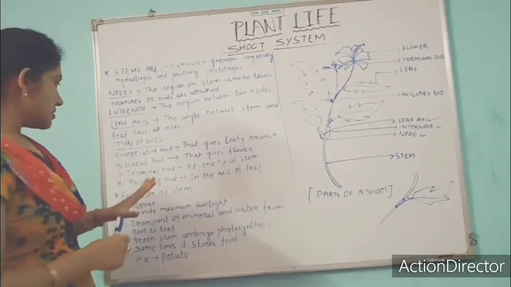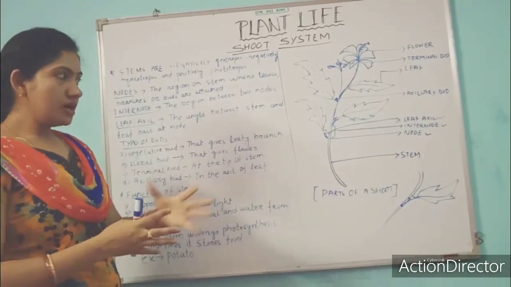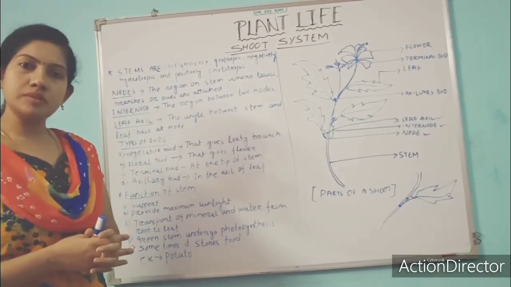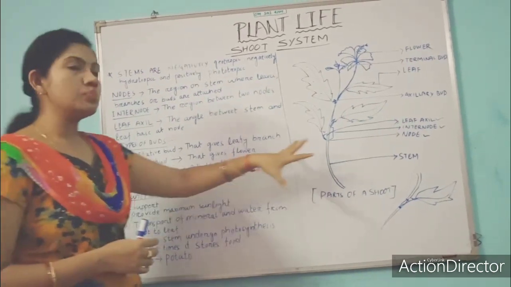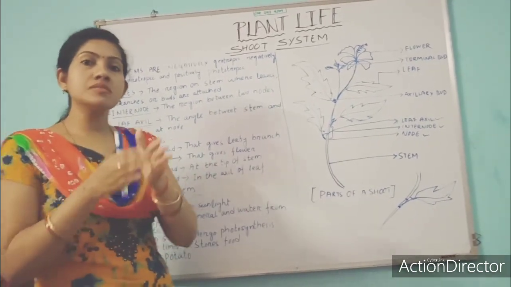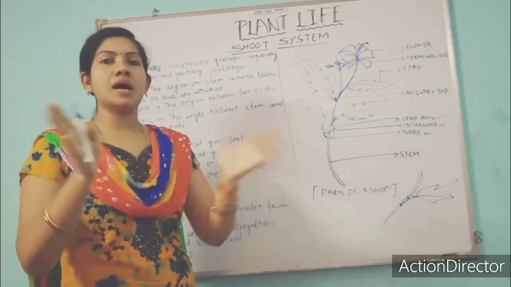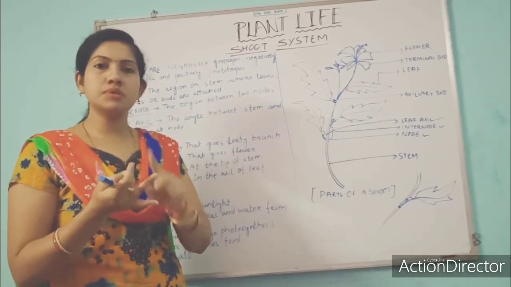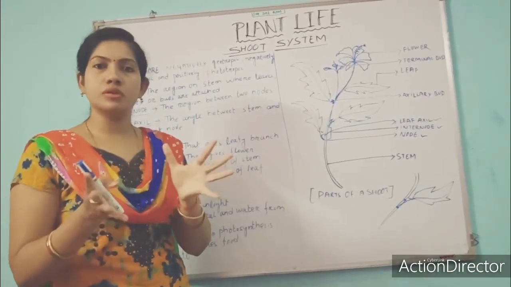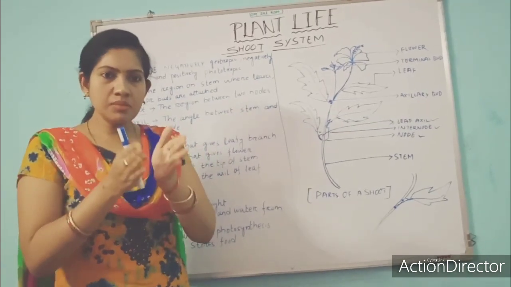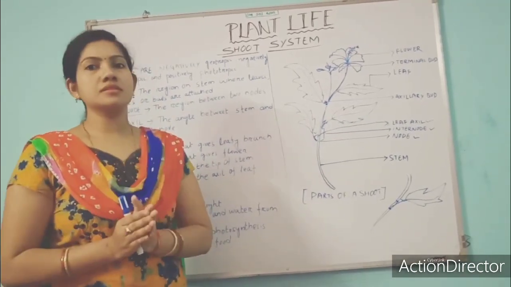Now the last part is the function of stem. What are the functions of a stem? At first we can say support. Stems provide support to all the parts. What are the parts? To leaves, buds, flowers, fruits and all. So stem is a medium for support in plants.